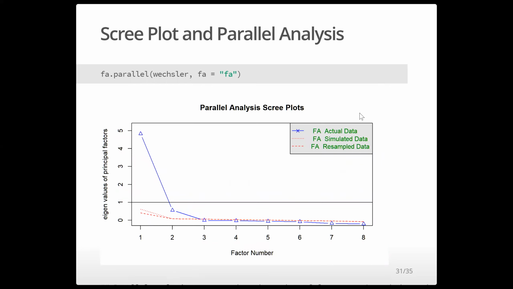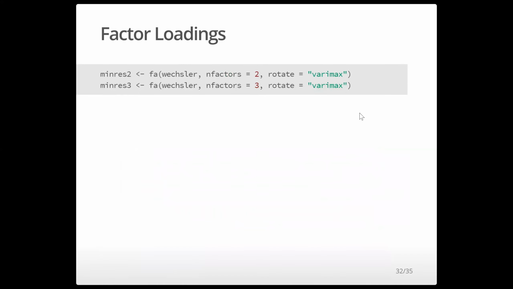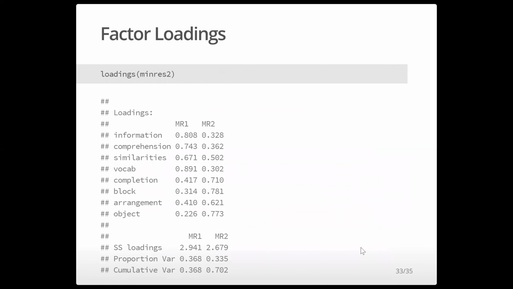I don't need to specify anything for the fm argument because this is the default. Here I'm going to get the 2 and 3 factor solutions again. Once again, the 2-factor solution is pretty consistent with what we've seen so far. And this 3-factor solution is similar to the maximum likelihood solution we got, and similarly different from the principal factor solution we got.